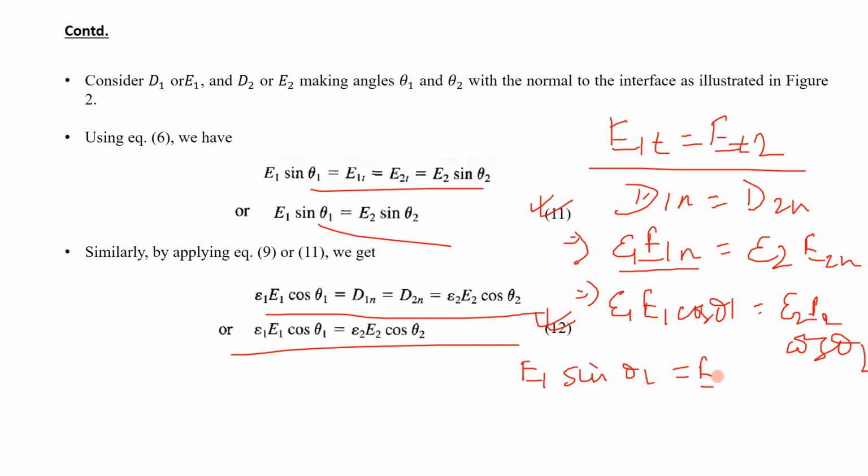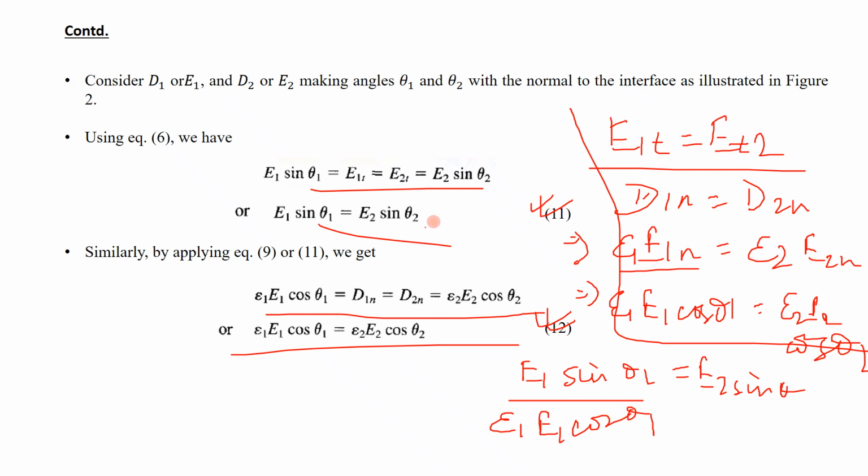We can write E1 sin theta 1 equals E2 sin theta 2, divided by epsilon 1 E1 cos theta 1 equals epsilon 2 E2 cos theta 2.